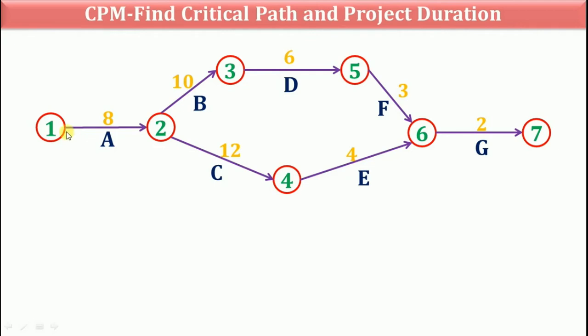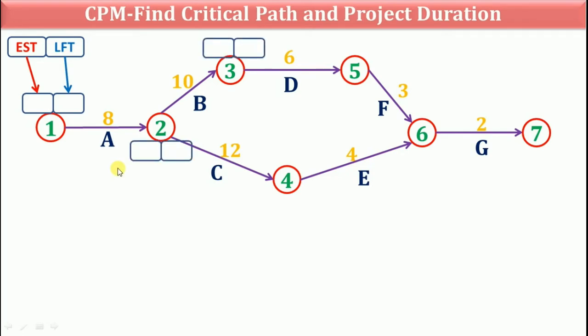After completing network diagram, draw 2 boxes at each event. Here in first box, write the value of earliest start time of the activity, and in second box, write latest finish time of the activity. So mark these 2 boxes at each event.